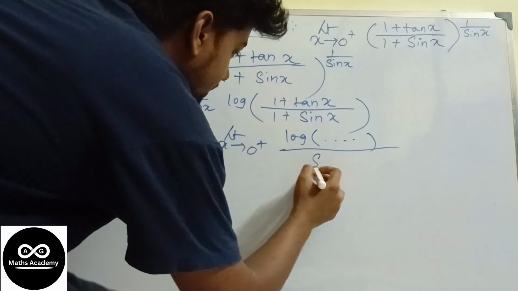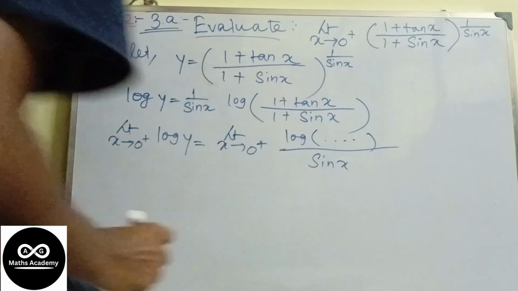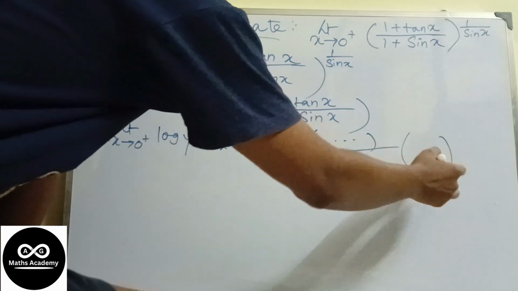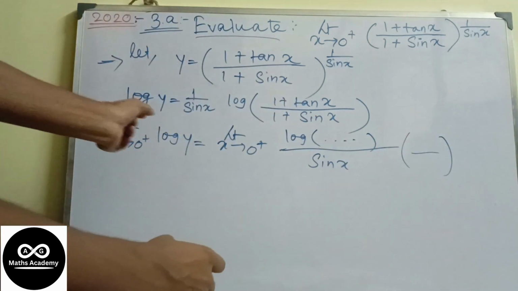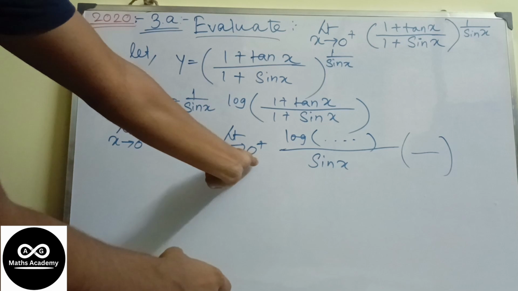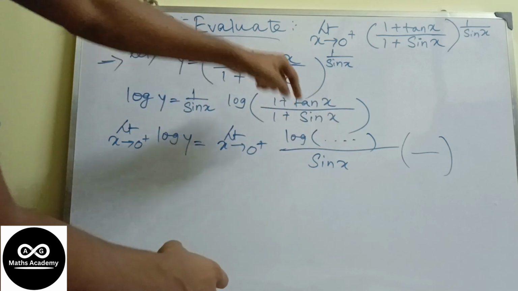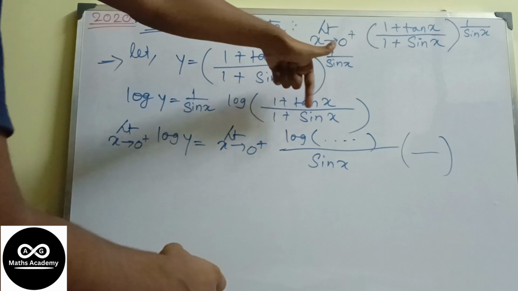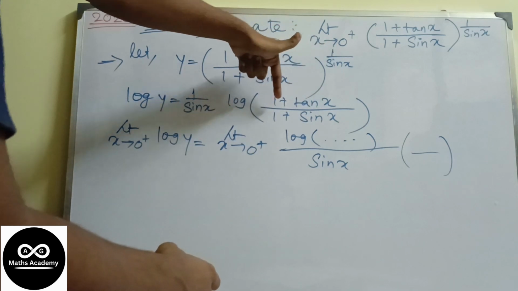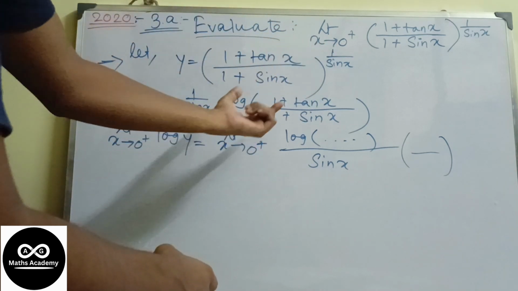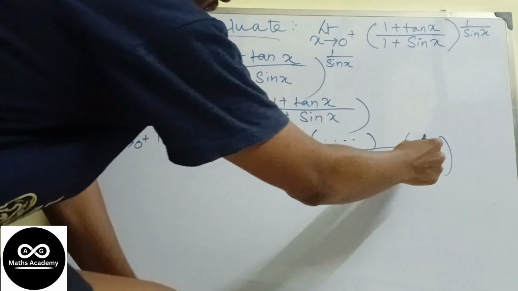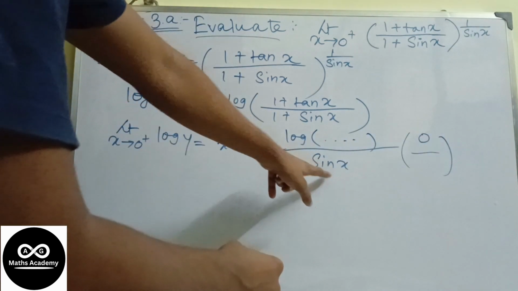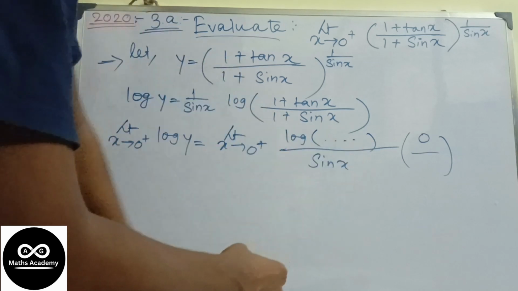Okay, so now observe it very carefully. If we put 0 here and here, tan 0 will be 0, sin 0 will be 0, it will be log of 1 which is 0. So this part will be 0 and this part, sin 0, will also be 0.